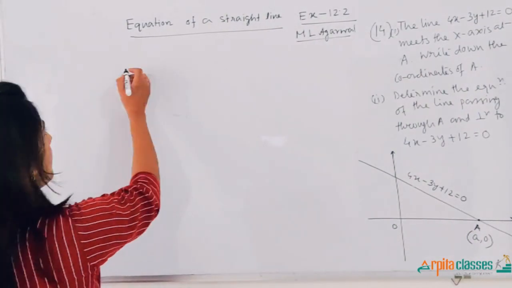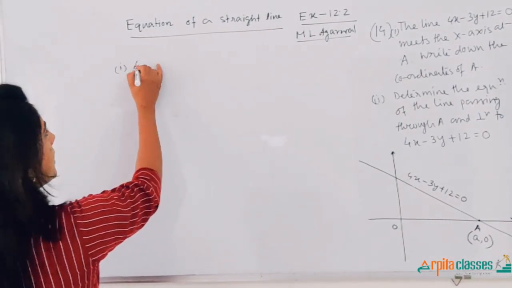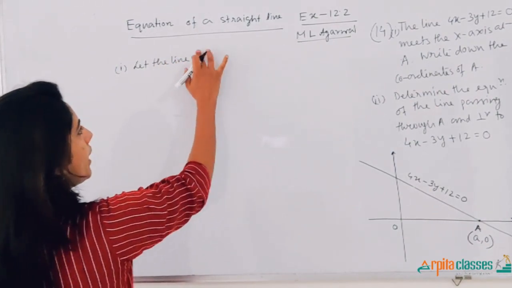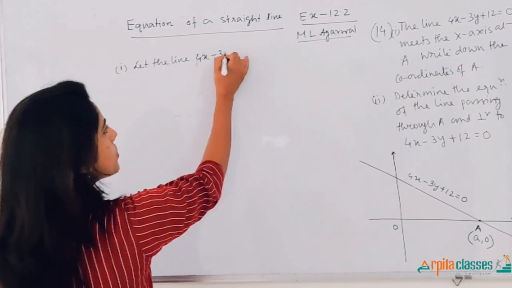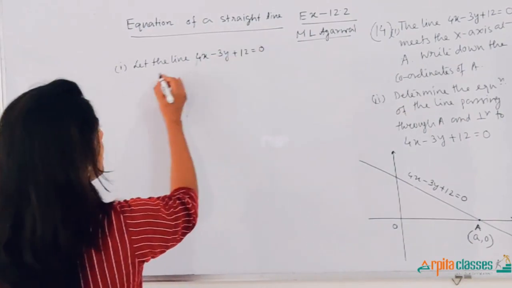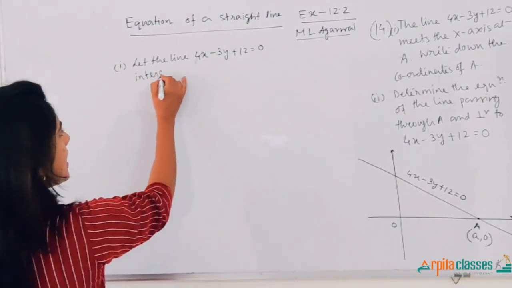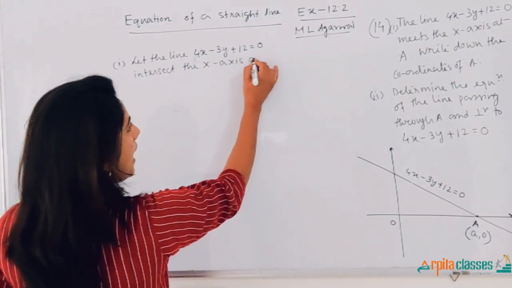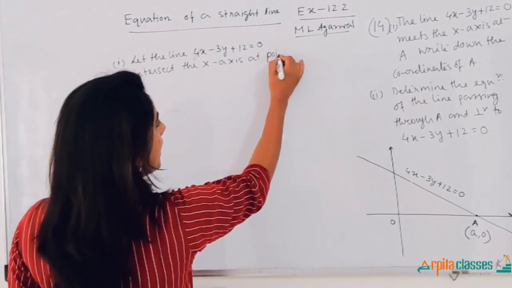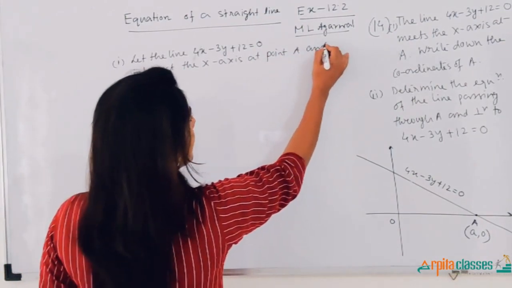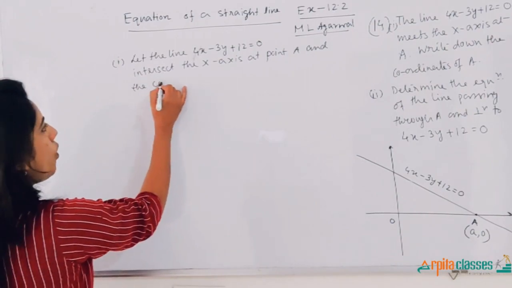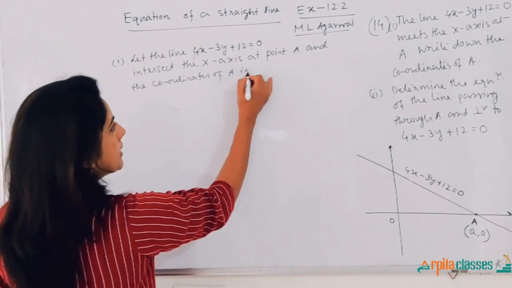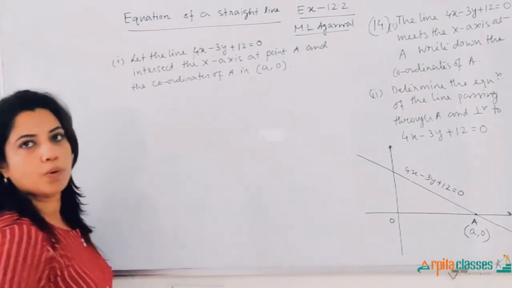So first I am writing here, let the line 4x minus 3y plus 12 is equal to 0 intersect the x-axis at point A, and the coordinates of A is A comma 0.